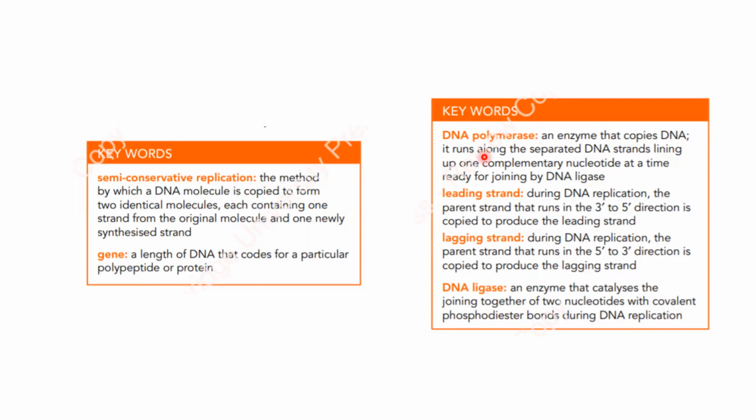And the Amoeba Sisters video that I sent you explained the same thing to you. There's a segment of the DNA that goes under transcription and then translation to give a protein. That coding segment is called a gene. If it does not code for a protein, for instance, if you remember telomeres did not code for proteins, then they're not genes. They're something else.